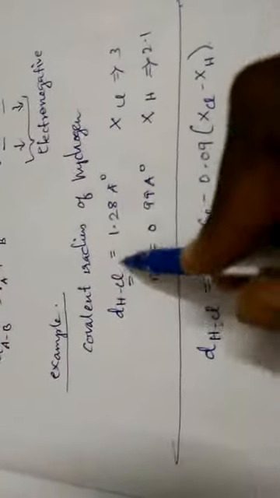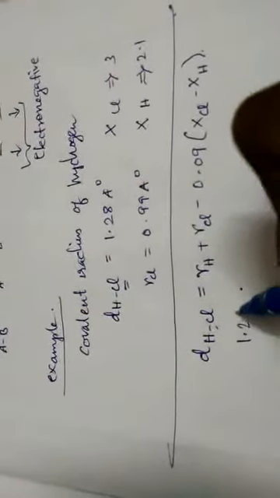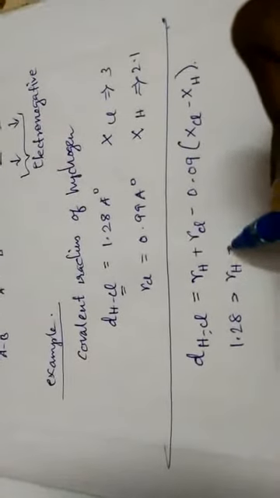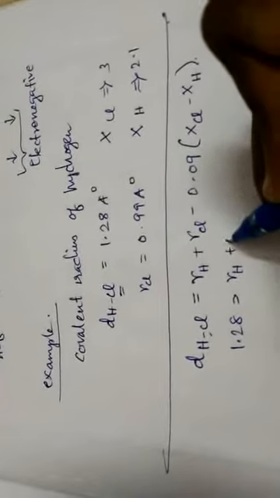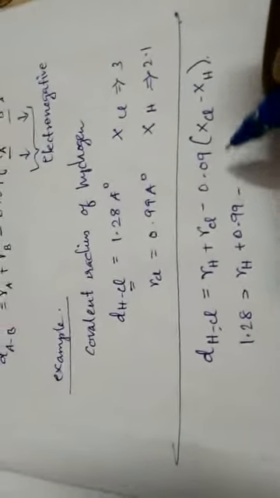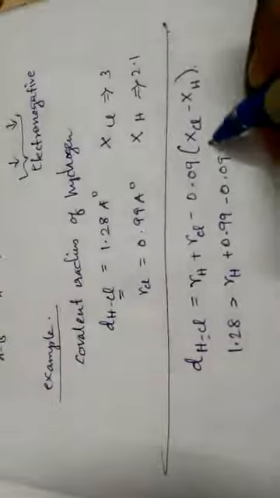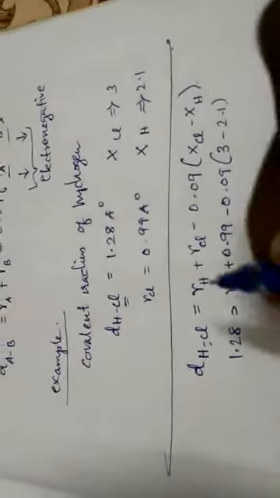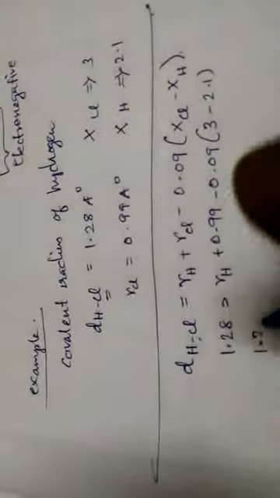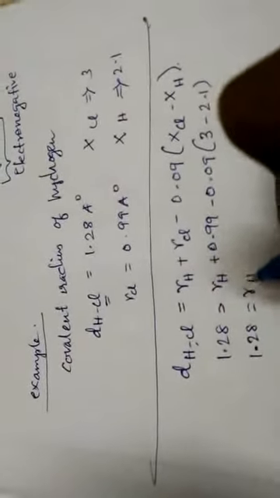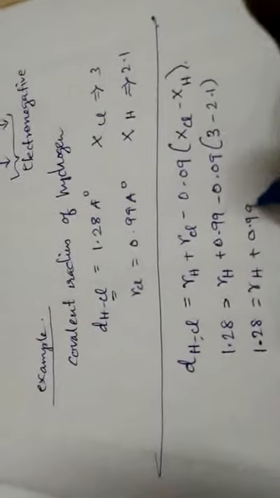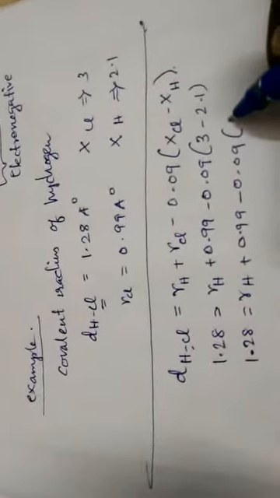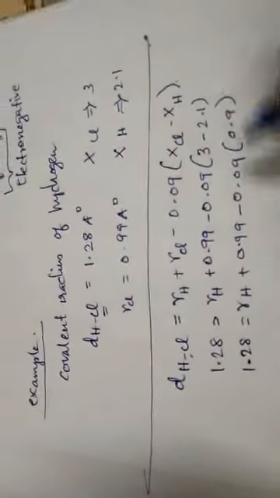Distance of hydrogen chloride 1.28 equal to radius of hydrogen, find out, plus radius of chlorine 0.99 minus 0.09 into 3 minus 2.1. So 1.28 equal to radius of hydrogen plus 0.99 minus 0.09 into 0.9.